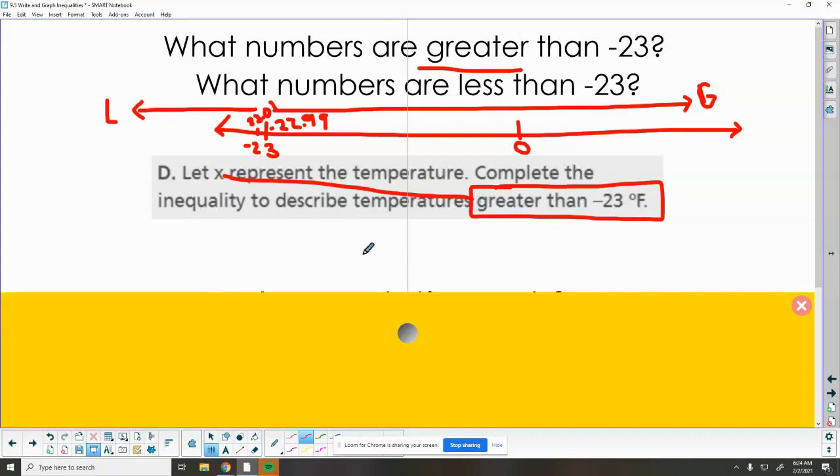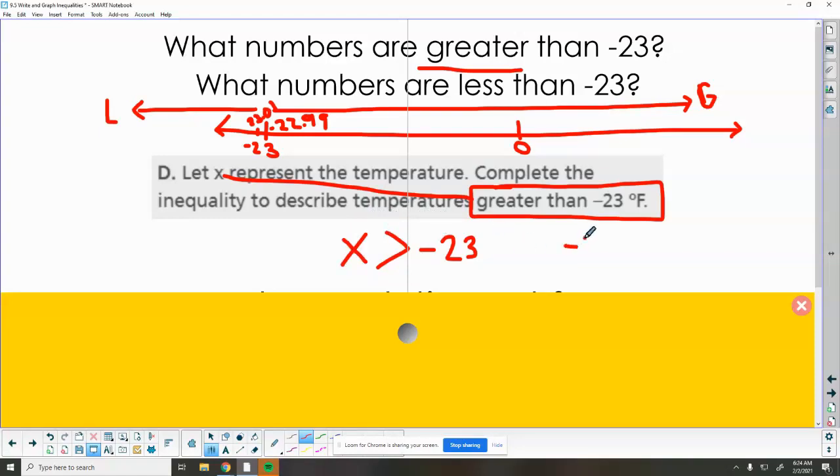So let's just write it out exactly as it says. X is greater than, and it doesn't say equal to, just bigger than negative 23. I just followed along with the words. X is greater than negative 23. When I read my inequality, X is greater than negative 23.